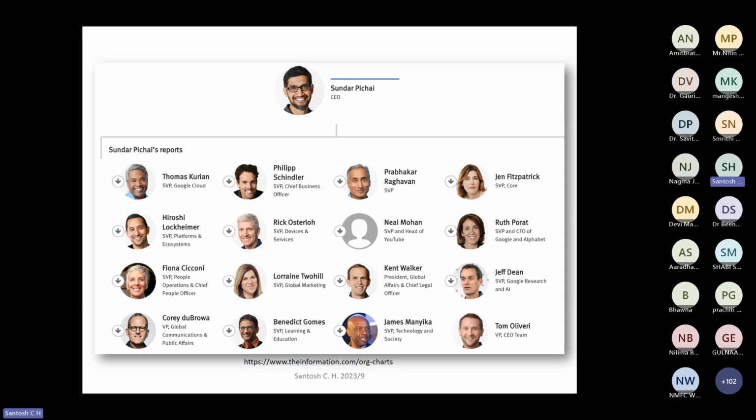But one thing is quite certain: without marketing, can any firm work? Marketing has become one of the important departments of any corporate or business firm. If you see Google itself, you can see the marketing heads or the marketing senior vice president, and under her there are many other positions and many talented people working in the marketing field.